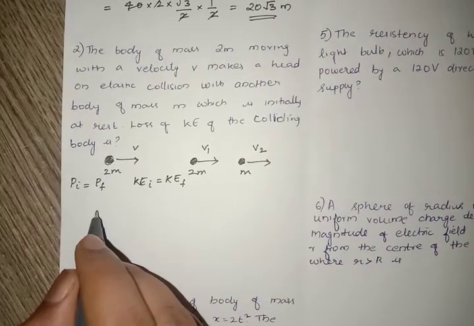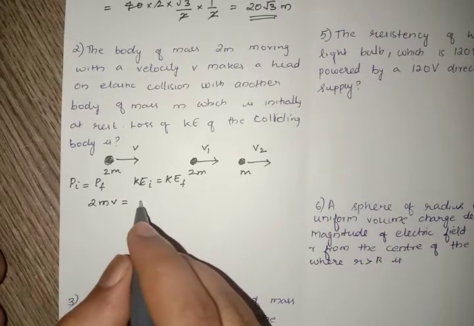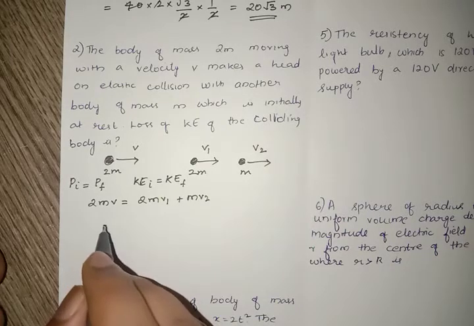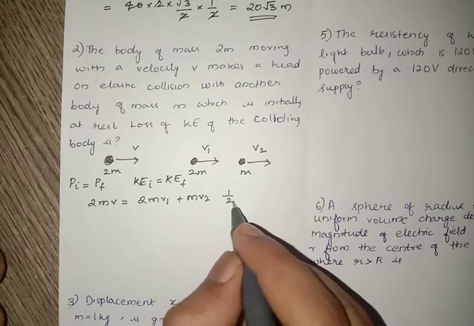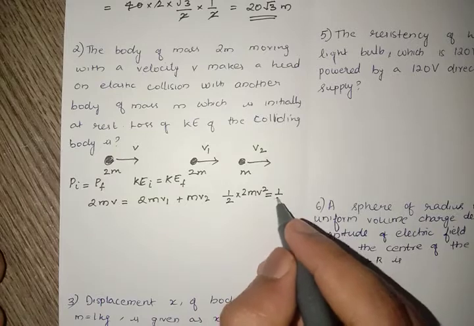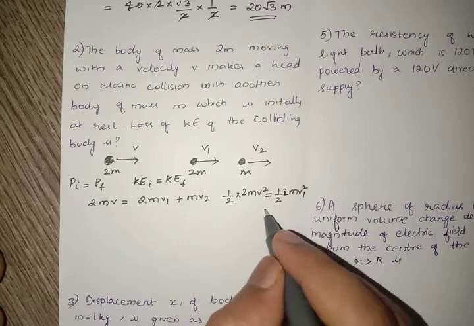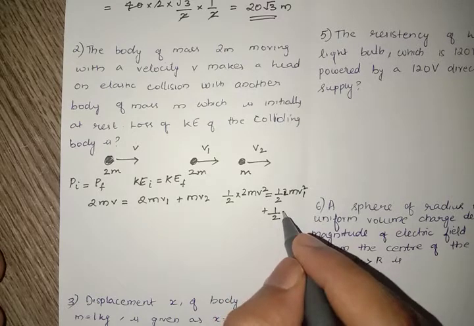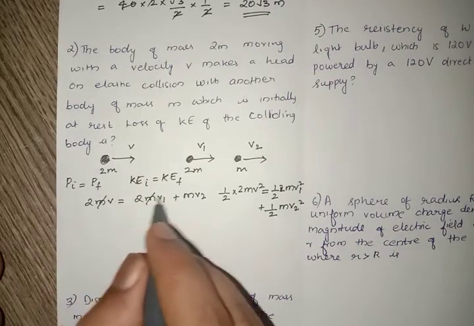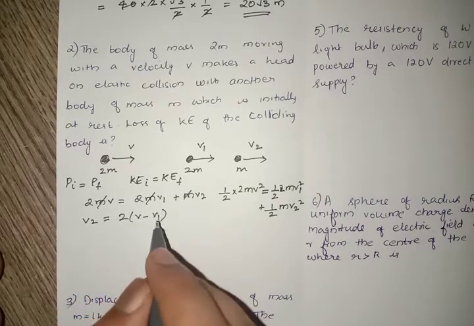If we write down the equations, we get 2m into v is equal to 2m v1 plus m v2, and similarly half into 2m into v squared is equal to half into 2m into v1 squared plus half into m into v2 squared. From here we can cancel m, which gives us v2 is equal to 2 into v minus v1.